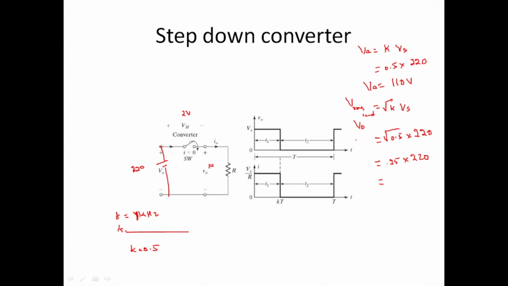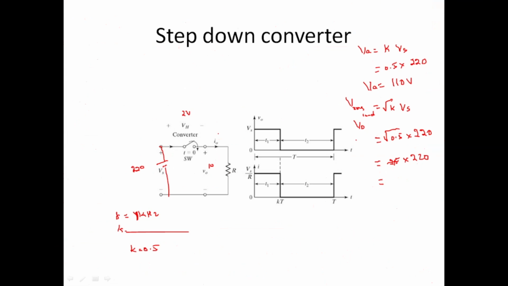What is 0.25 into 0.25? 0.65. Okay, one mistake. I will tell you.